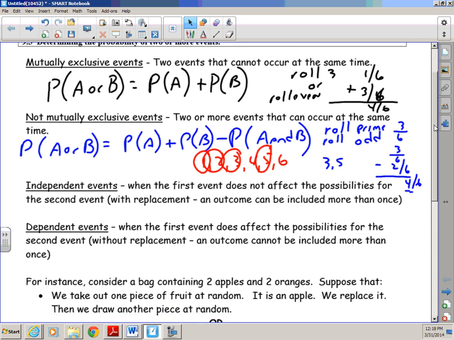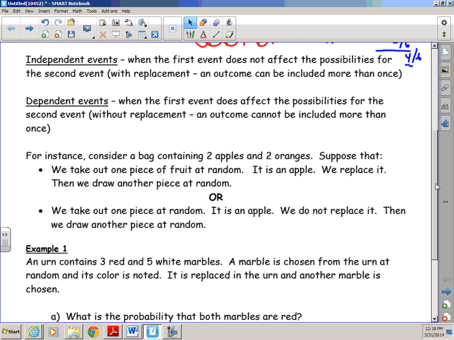Now, the more relevant is the concept of independent and dependent events. And for probability, it actually revolves around a very simple concept and examples. So an independent event is when the first event has nothing to do with, or has no impact, I should say, on the second event. So in other words, the simple way to do it is if I were to remove a marble from a jar or draw a card from the deck and then put what I drew back in, then my first event has no impact on the second.